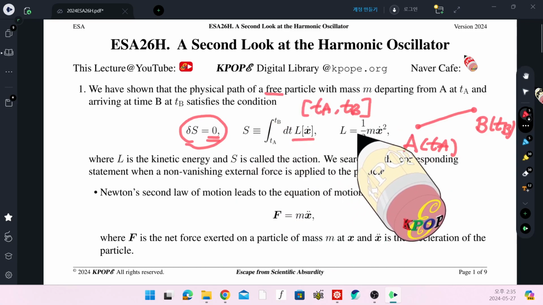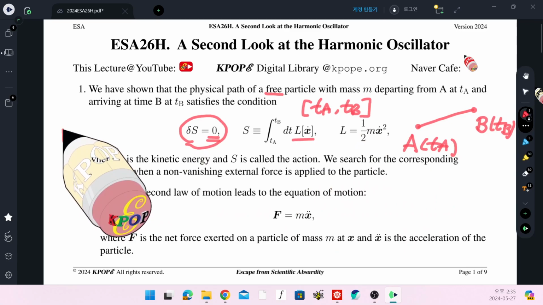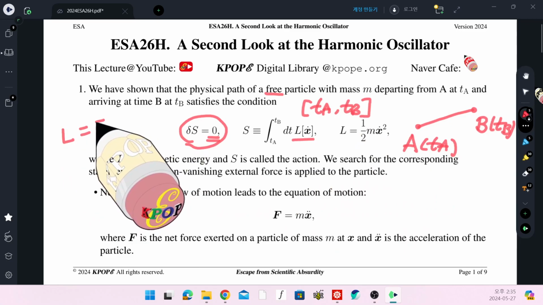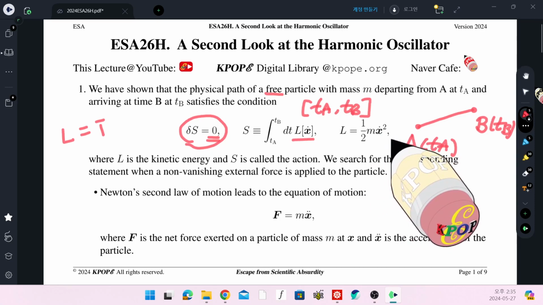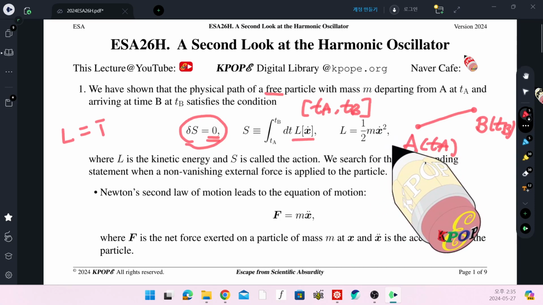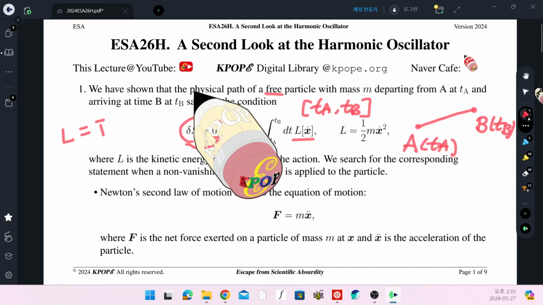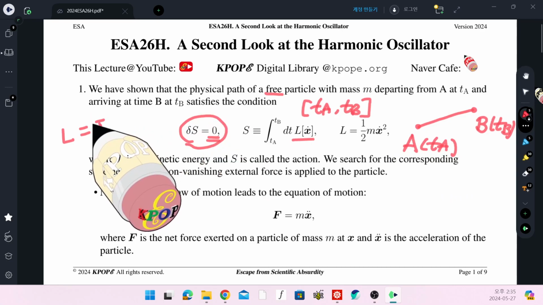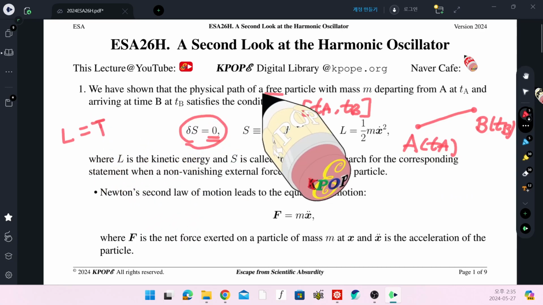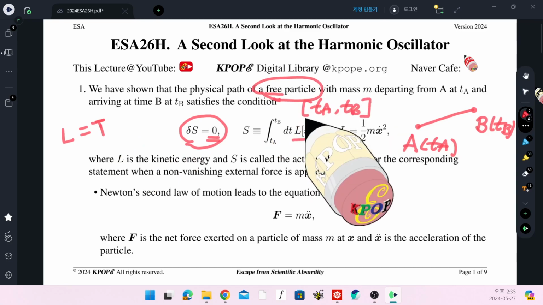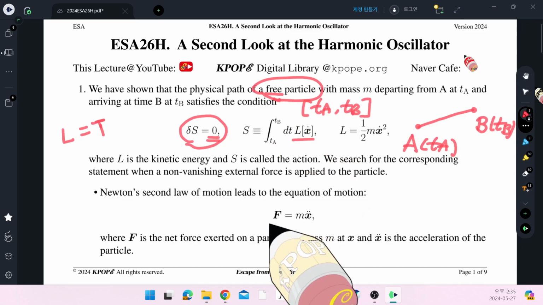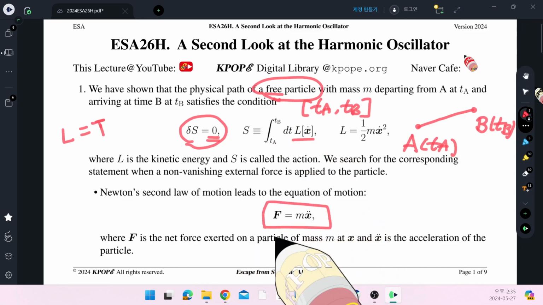The Lagrangian for a free particle is defined by the kinetic energy, that is 1/2 mass times velocity squared. We'd like to investigate the variation from the condition that we have found for a free particle to a more general case that satisfies Newton's law of motion with non-vanishing force.